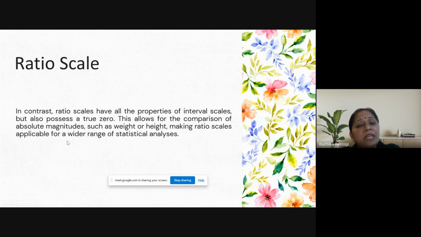Whereas in the interval scale, zero means something, that means there is an arbitrary zero, whereas in the ratio scale there is an absolute zero. So if we have answers on a ratio scale, complete numerals, which can be multiplied, divided, added, subtracted, and we can also give the answer of how many times, that particular question can be measured on a ratio scale.